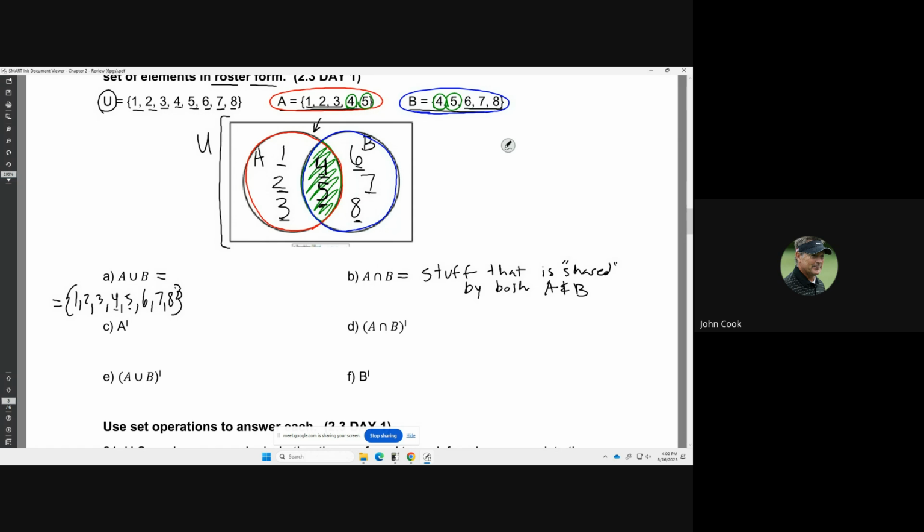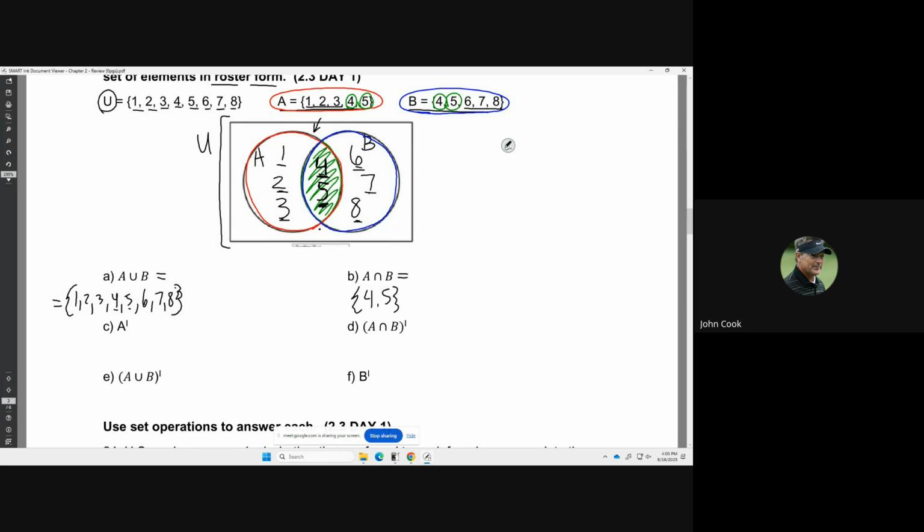It looks like that's this little overlap area. So 4 and 5 are the ones that they have in common, that they share. So I'd only put two numbers down, 4 and 5 for that one. And that's my answer for this one. So intersection, when you see that symbol, that means in common. Where do they overlap? What do they have in common?